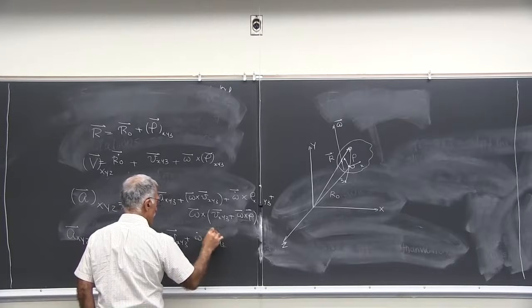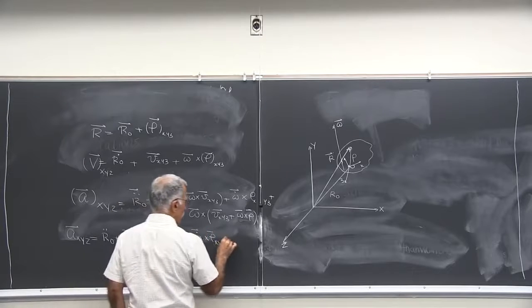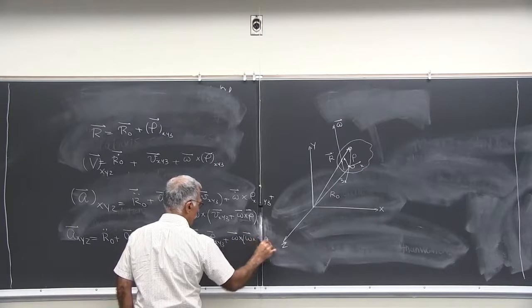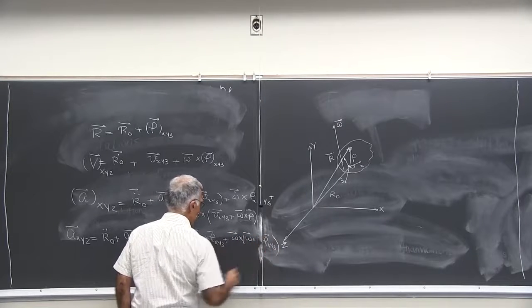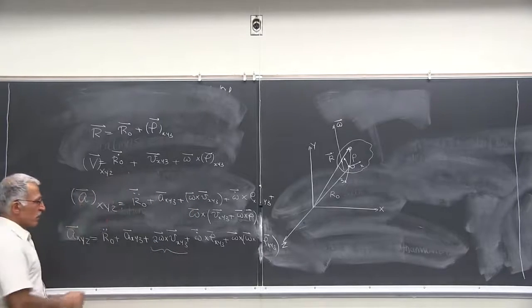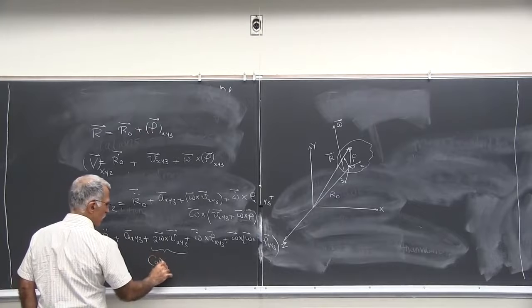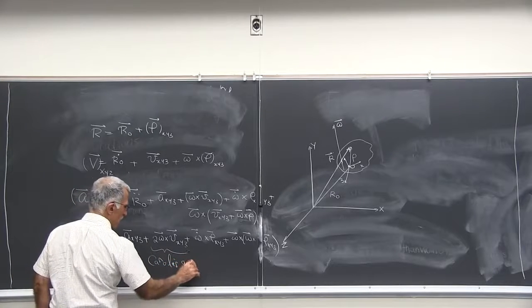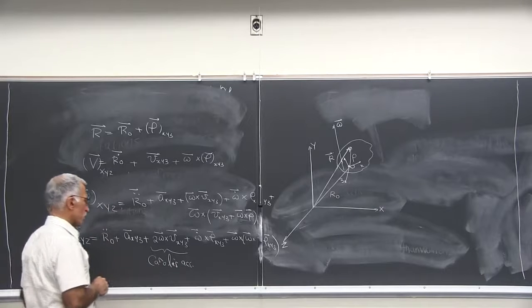All of this is vector, plus omega times omega times rho_xyz. And this term is called the Coriolis acceleration.